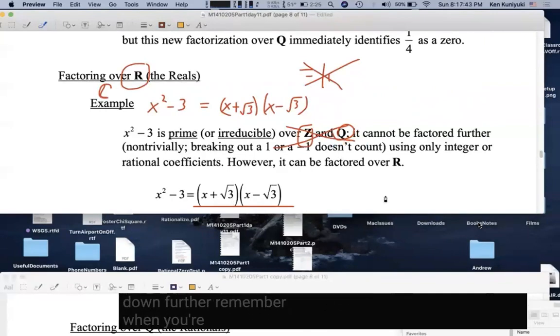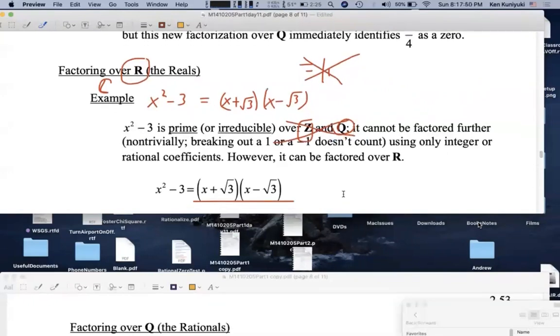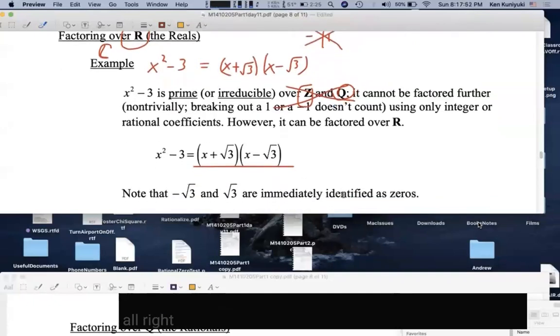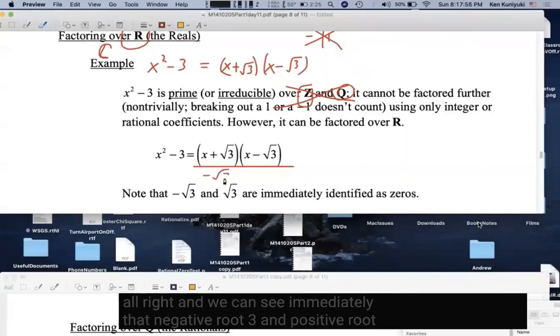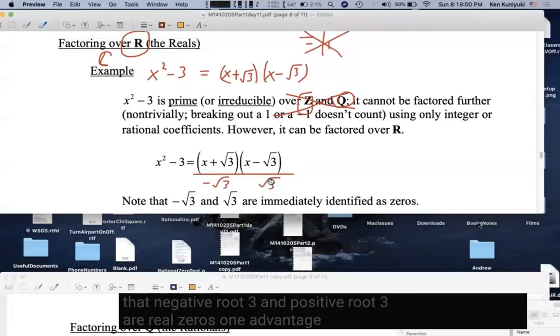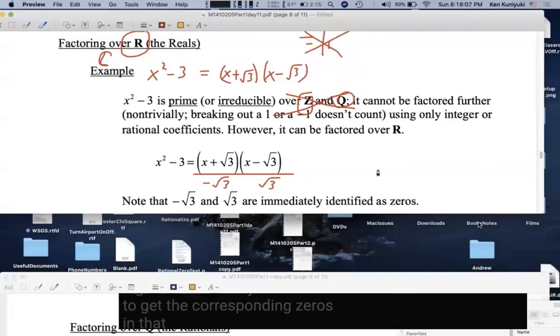Remember, when you're told to factor, you must factor completely over the given set. All right. And we can see immediately that negative root 3 and positive root 3 are real zeros. One advantage to factoring over a given set is that you tend to be able to get the corresponding zeros in that set.